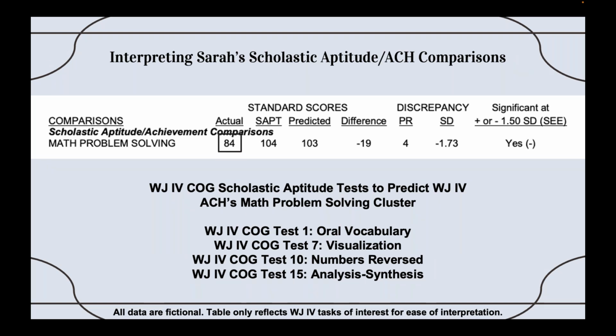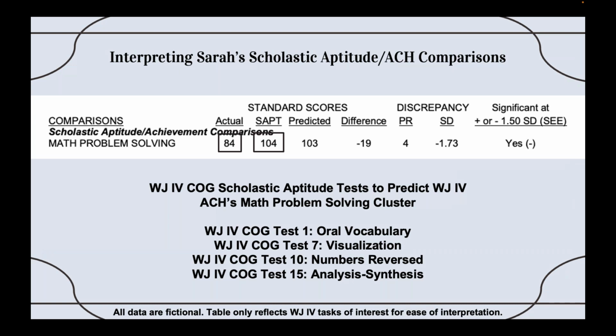So just like before, the actual column here is the score that Sarah obtained on the math problem solving cluster on the WJ4 achievement. That's still the same. What is new is this SAPT column that we see here. What that column represents is the uncorrected average, and I'll repeat that again, the uncorrected average of the 4 WJ4 cog tests that were used to predict Sarah's performance on the math problem solving cluster of the achievement.